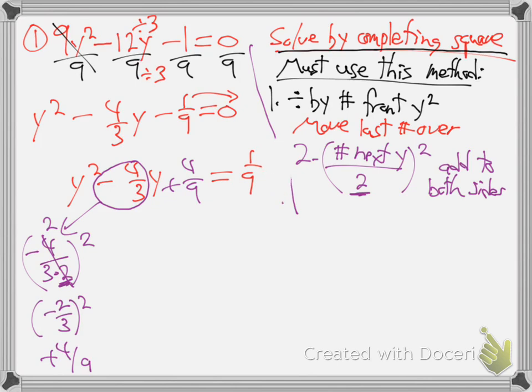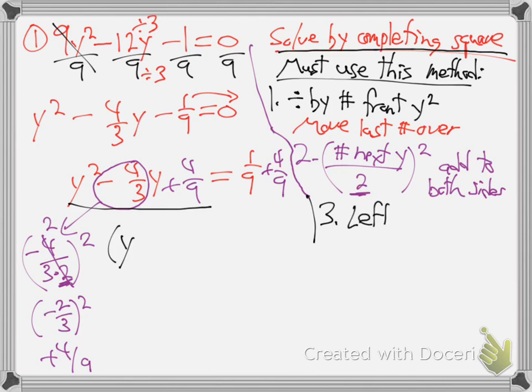Let me get a little room here. Add 4/9 to both sides. Okay. Then these three numbers are guaranteed to factor. How will they factor? The left side always factors as y plus or minus the parenthesis number, squared.